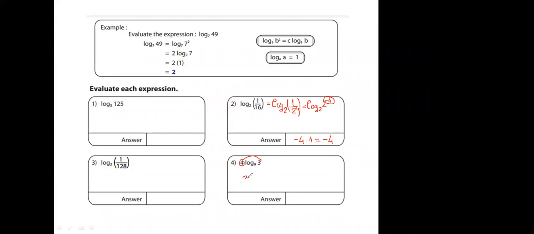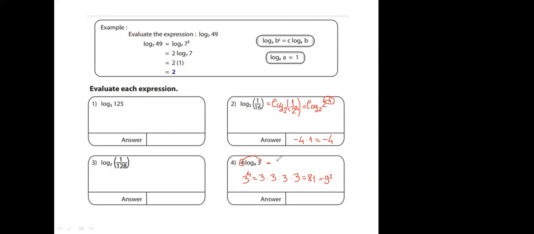So it will be 3 to the power 4. 3 times 3 times 3 times 3, and that is 81. And 81, you can write down as 9 to the degree 2.